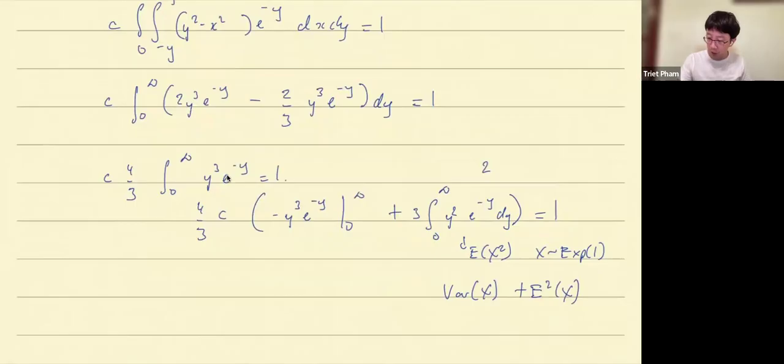But the variance of an exponential lambda is 1 over lambda squared, so that's 1 plus 1 equals 2. Okay, so this is 2, 3, 6. 6 times 4 is 24, over 3 is 8. Any question?